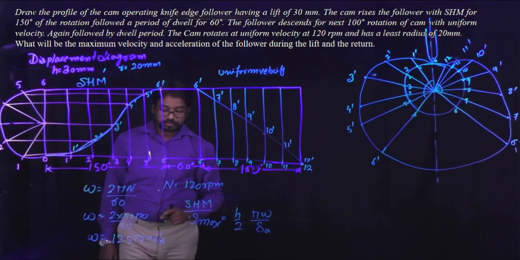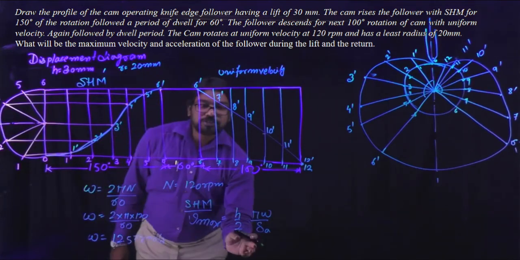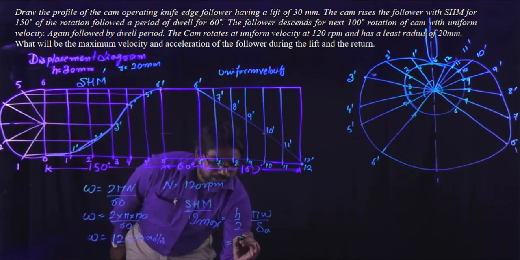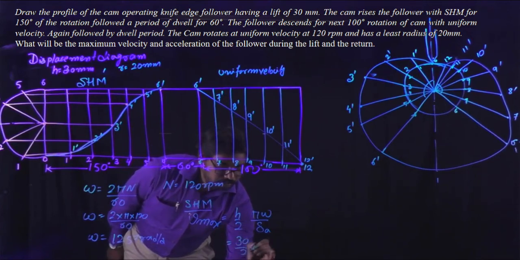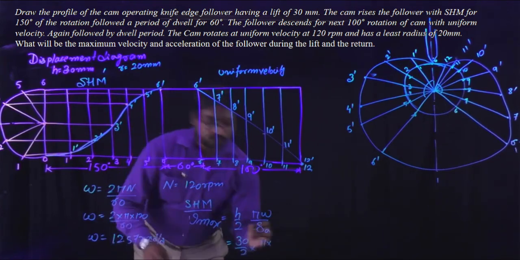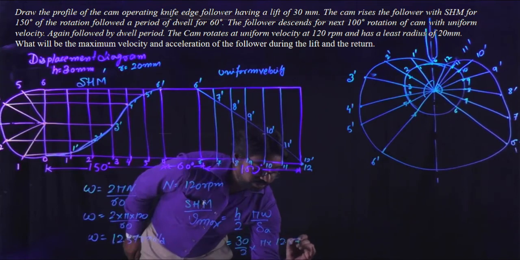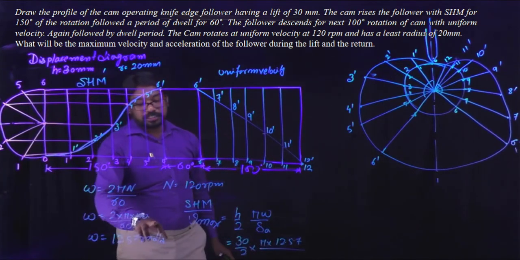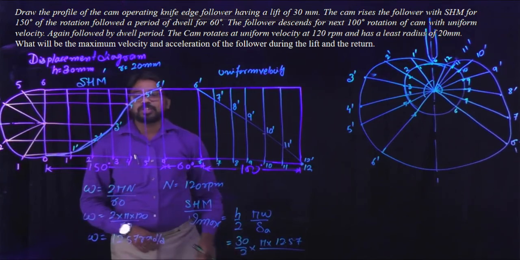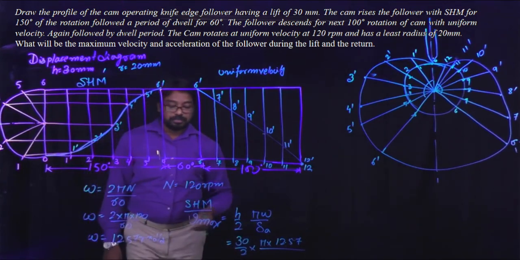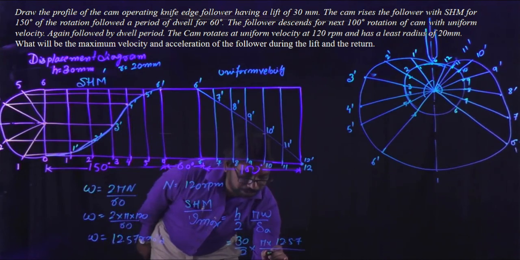Now once we substitute these values, h is 30, so 30 by 2 times pi, omega we got 12.57, by delta A. Delta A is given in degrees, so we have to convert it into radians by multiplying by pi by 180.